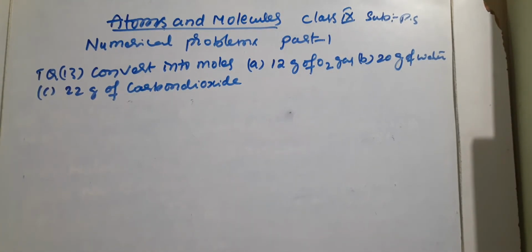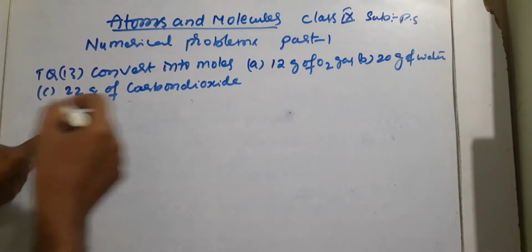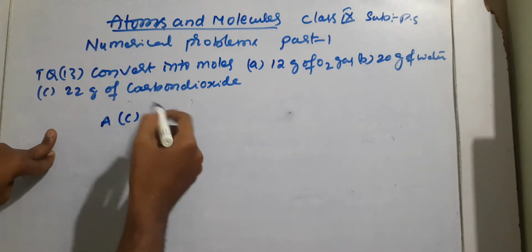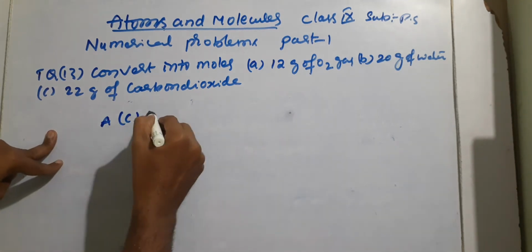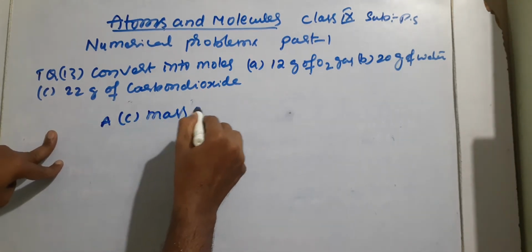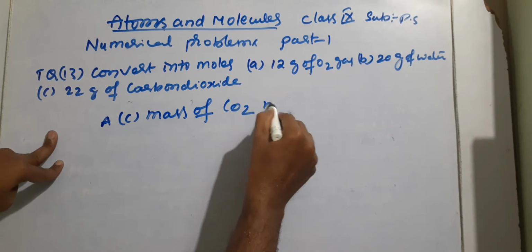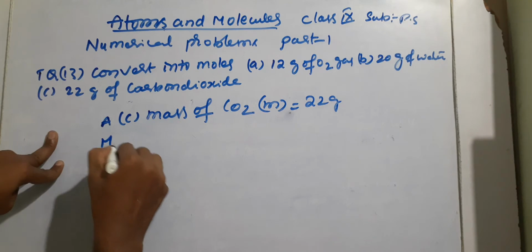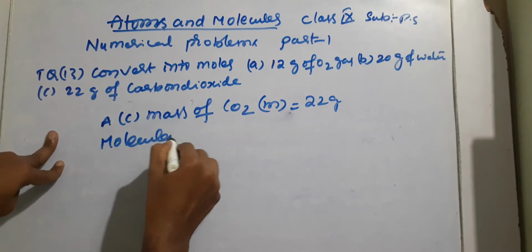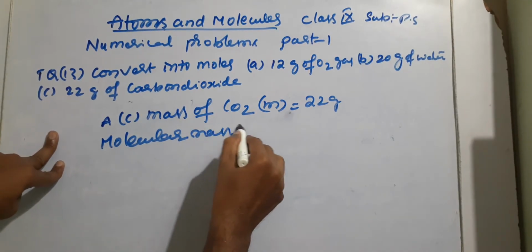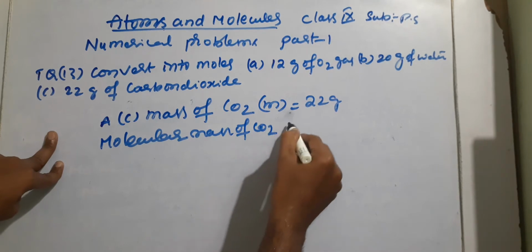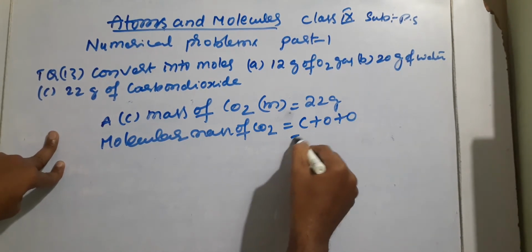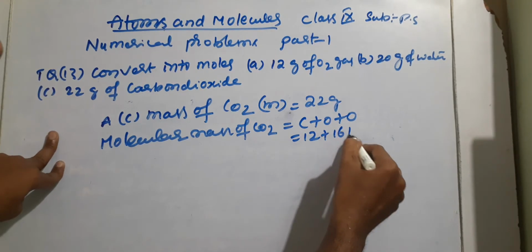How can we find the number of moles present in 22 grams of carbon dioxide, students? Answer for question number C. So mass of carbon dioxide, that is CO2, is denoted by small m, 22 grams given. Molecular mass of CO2. You know CO2 has 1 carbon atom, 2 oxygen atoms, which is equal to 12 plus 16 plus 16.